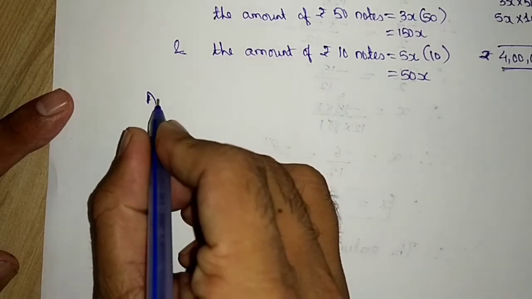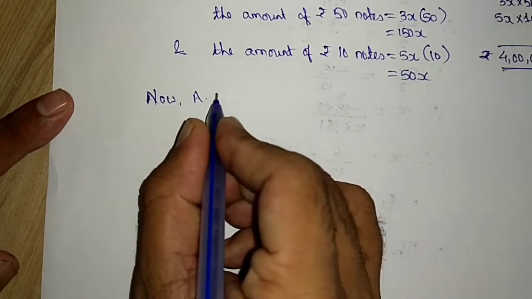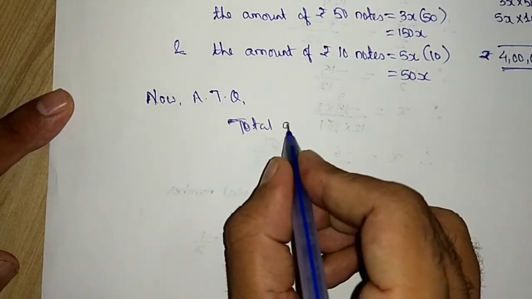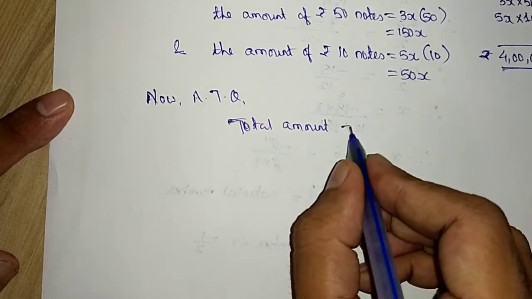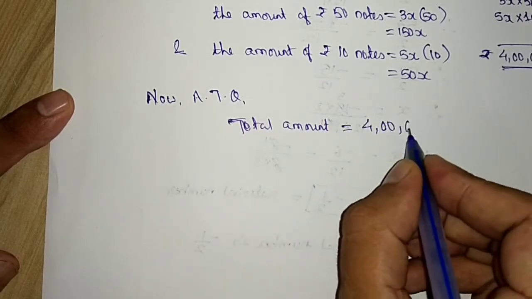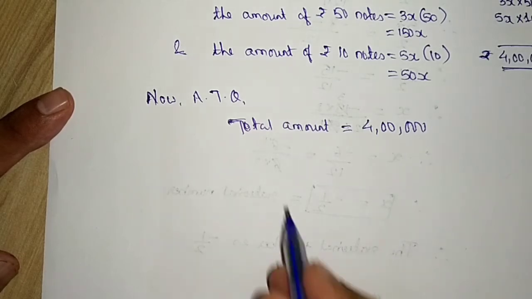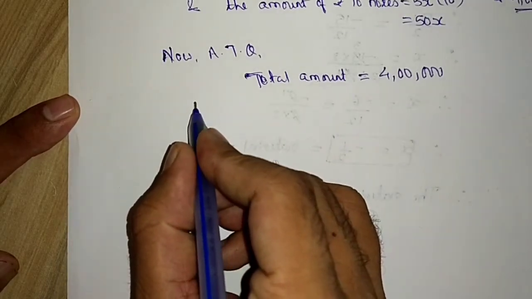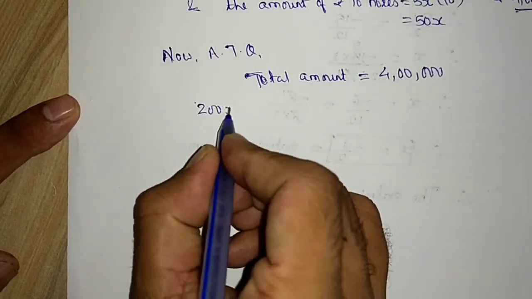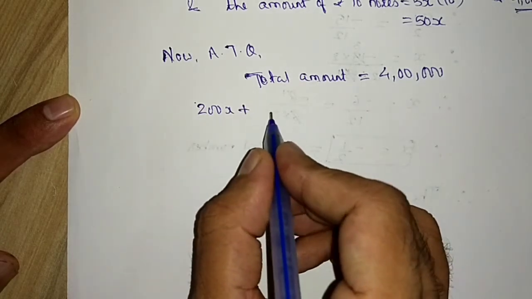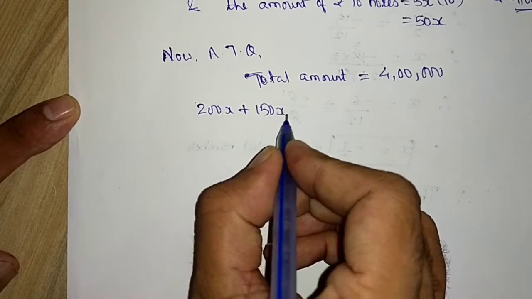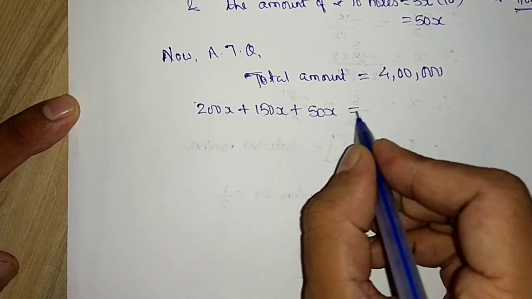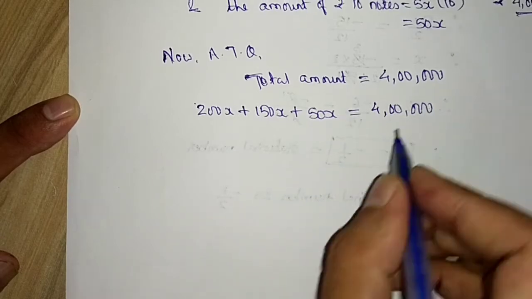Now, according to the question, the total amount which she has is 4 lakhs rupees. And what is that total amount made up of? Rupees 100 amount, that is 200x, plus rupees 50 amount, which is 150x, plus rupees 10 amount, that is 50x, is equal to 4 lakh rupees.